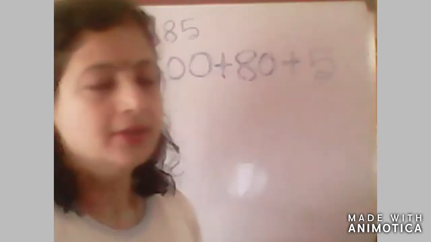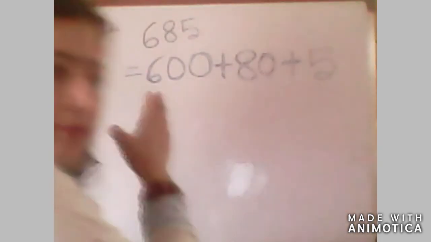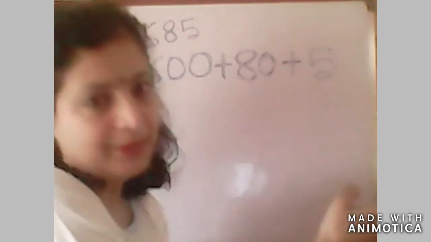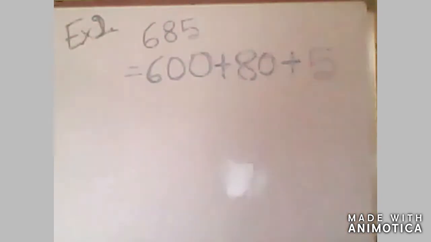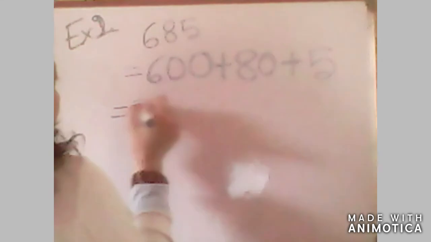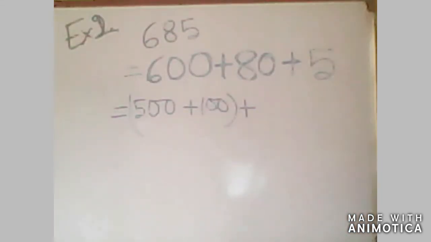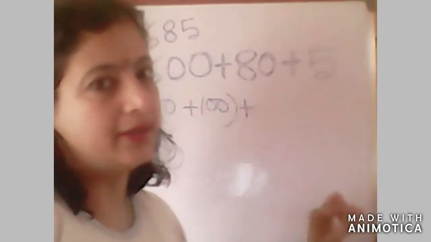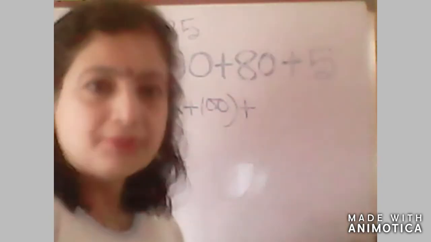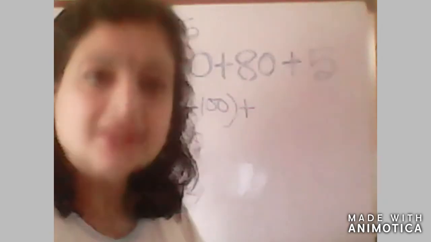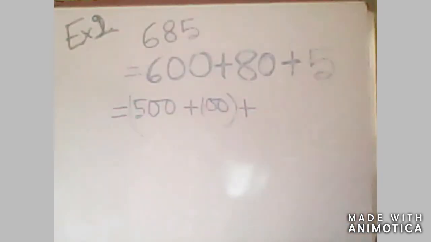If we add 500 plus 100, we will get 600. For 80 there is also no own numeral, so we will write 50 plus 10 plus 10 plus 10. We can go up to 3 times, so there is no problem.